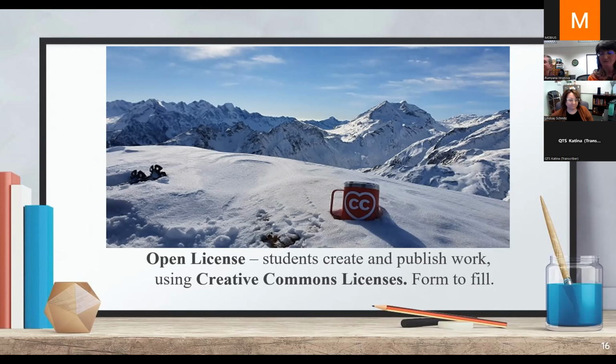And that's my favorite picture of Creative Commons licenses. It's the feeling of freedom, like it is indeed real academic freedom. You have it with that open license, which gives so many opportunities, and you feel like you're on top of the mountain and you share your work with the rest of the world.